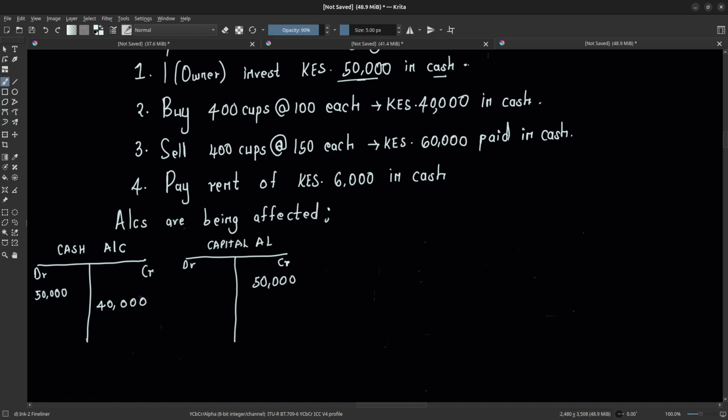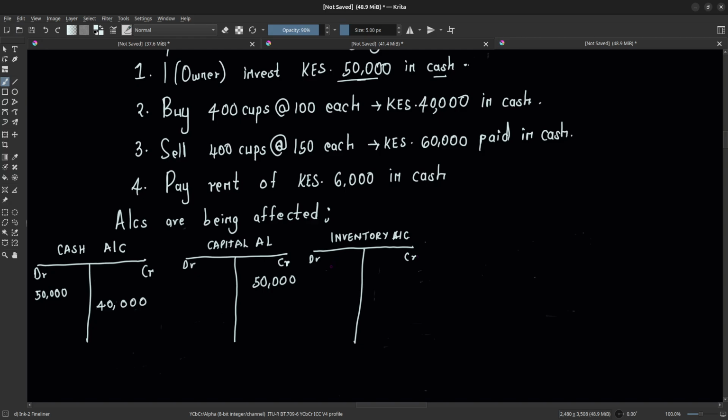When you give out this cash, you're going to receive 400 cups. So that affects your inventory account. You have to show what else is happening, which is an increase to your inventory account. Here you are receiving 400 cups, so that is an increase to your inventory account.